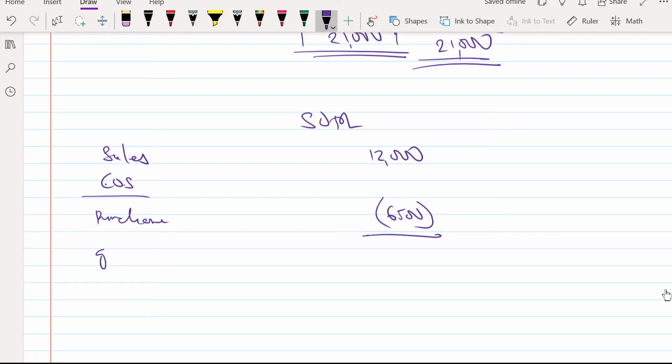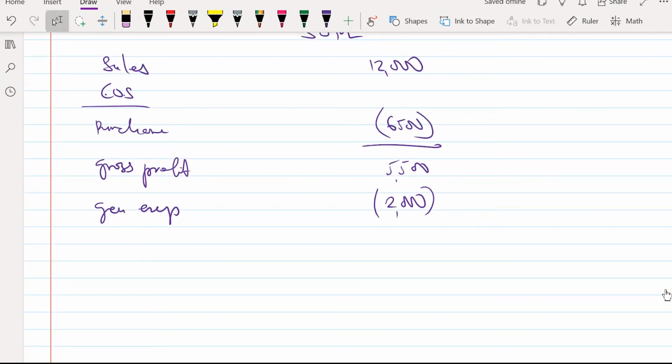Of course, this will give me a gross profit of 5,500. Then we have general expense, and general expense is 2,000. Of course, I ignored depreciation and all that. I'm just working with the trial balance information, and this will give me profit for the year, of course, where no other thing affects profit for the year, to be 3,500.